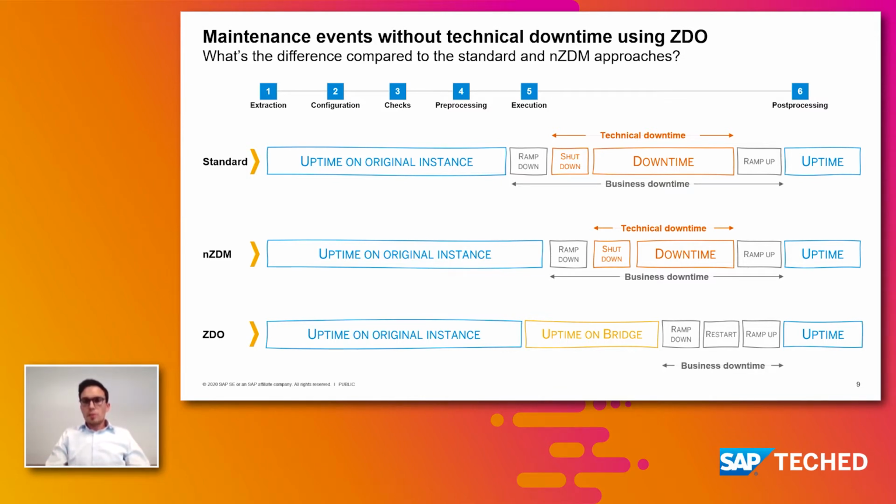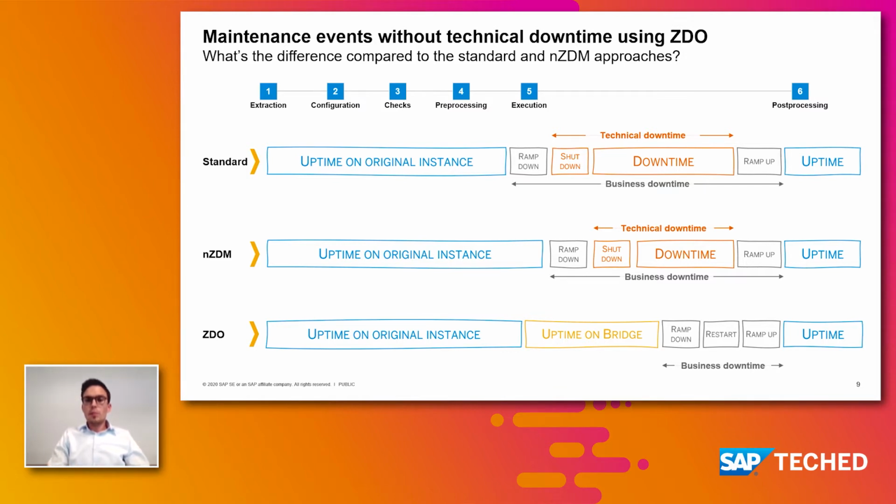In the zero downtime option, we can quantify it. We come down to no technical downtime. It's just a pure restart of the application server. So it's a matter of a couple of minutes where the system is shut down and brought up. Keep in mind, as I already emphasized, the business downtime is always longer in comparison to the technical downtime.